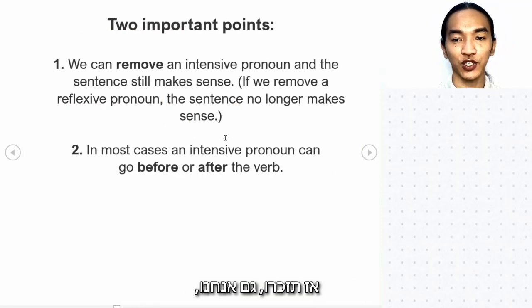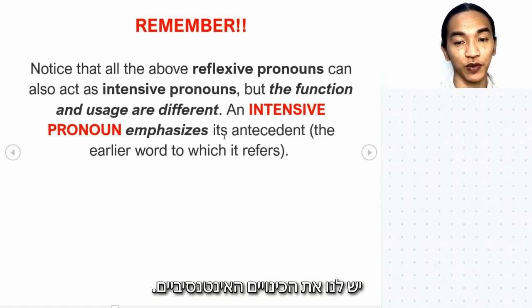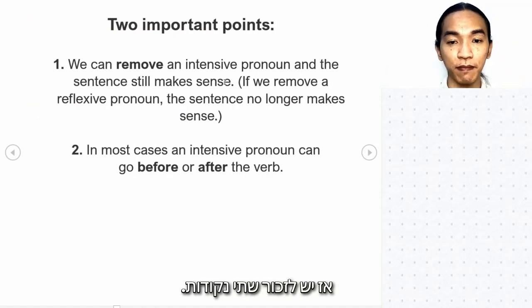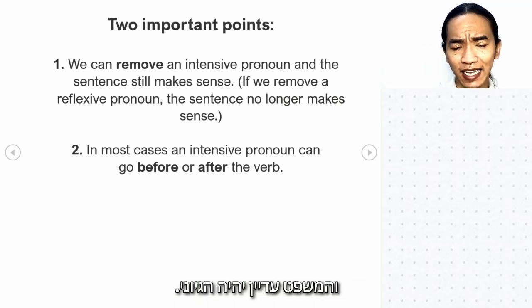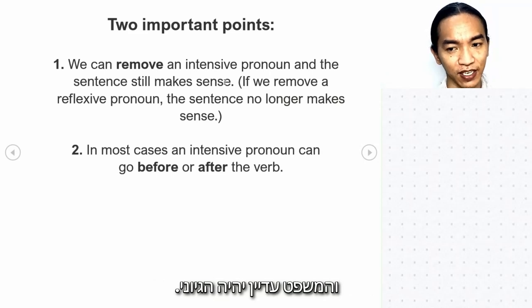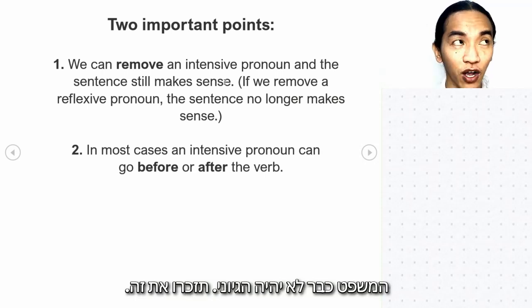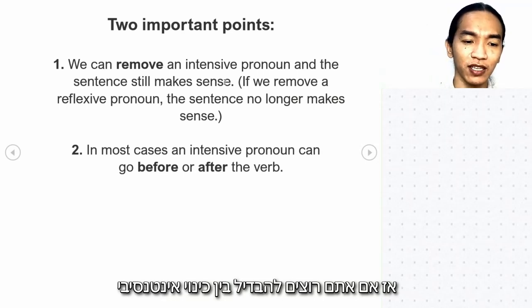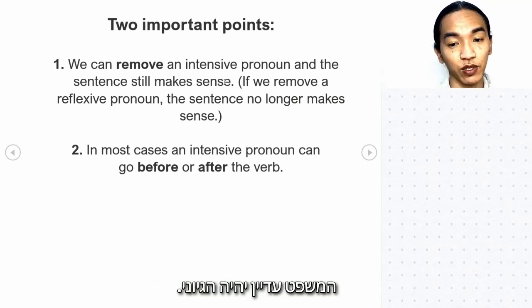So there are two points to remember. We can remove an intensive pronoun and the sentence will still make sense. If we remove a reflexive pronoun, the sentence no longer makes sense. So if you want to differentiate intensive from reflexive, if you remove that intensive pronoun, the sentence will still make sense.